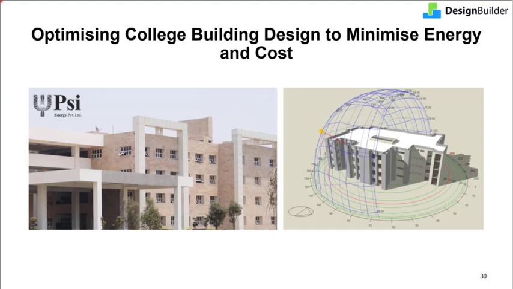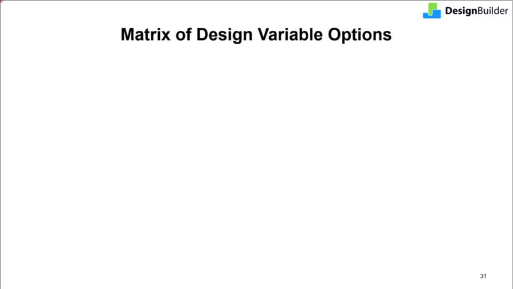The design objectives in this case were to minimize cooling demand and minimize the capital cost. Design variables selected were related to construction assembly, external finishes, shading design, and space conditioning and lighting systems.